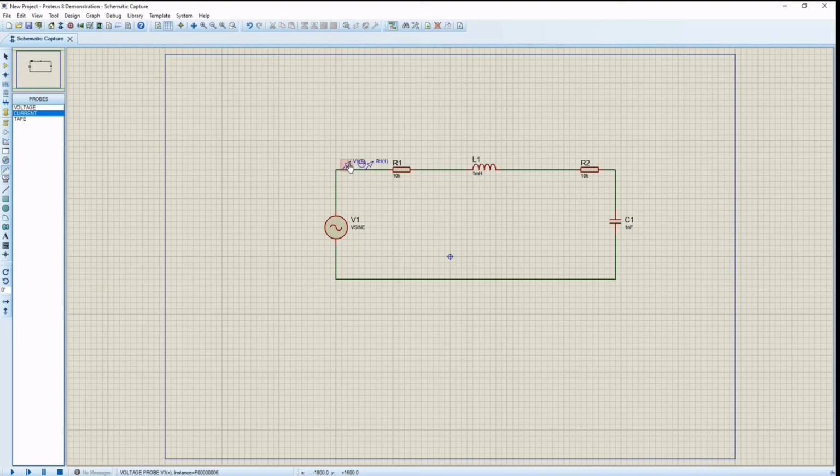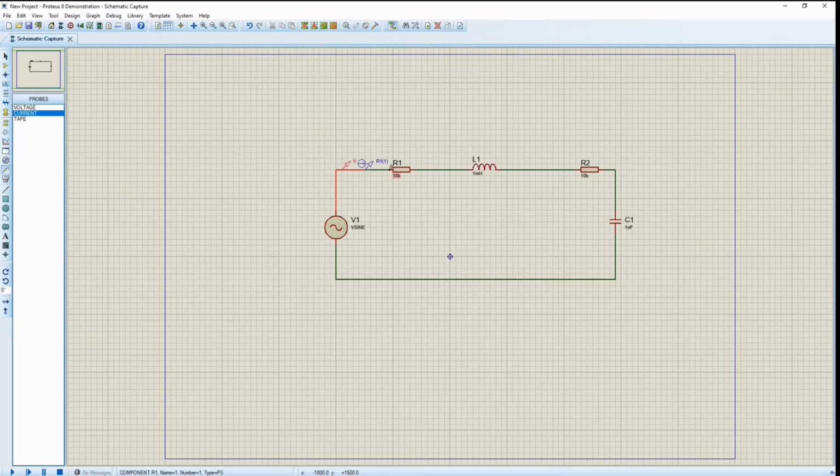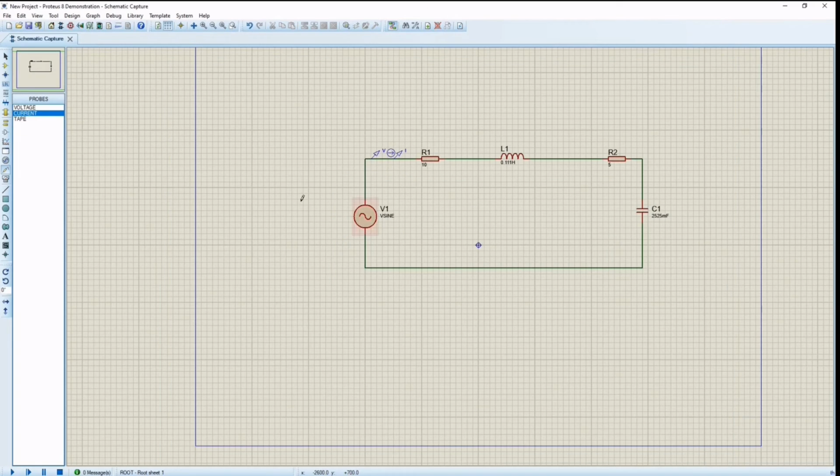So we can edit it and rename it as V. Another one is I, based on the circuit that is given. Okay, after that, we go to this terminal mode and we search for ground and we put it here and connect it to the circuit.